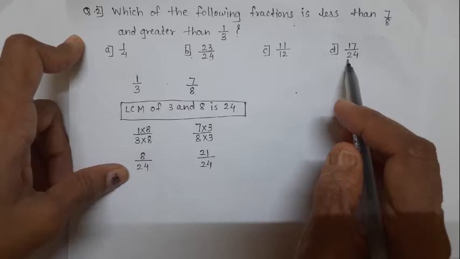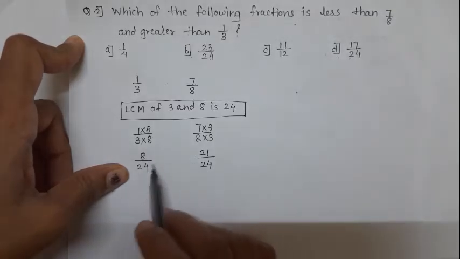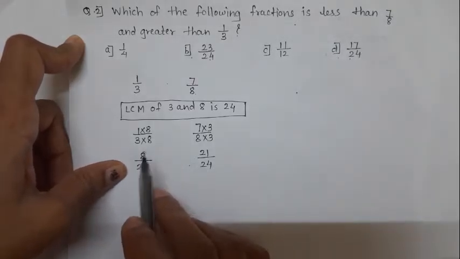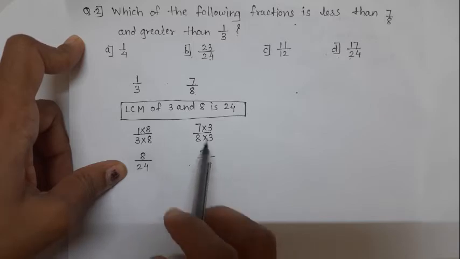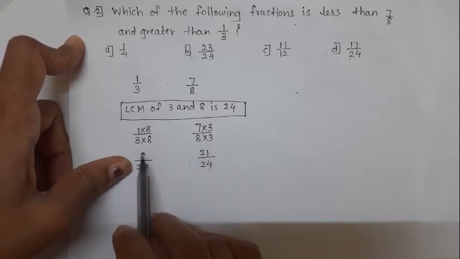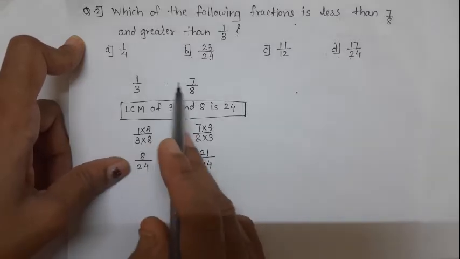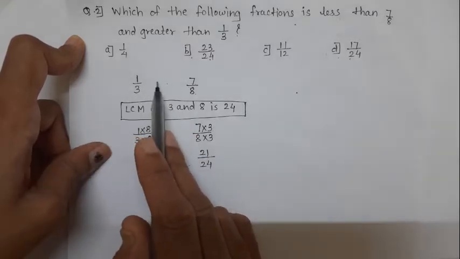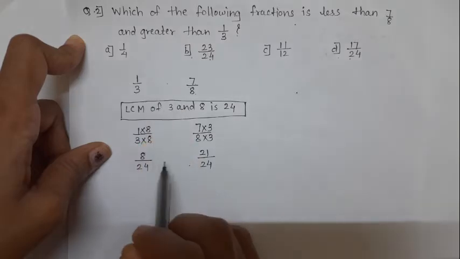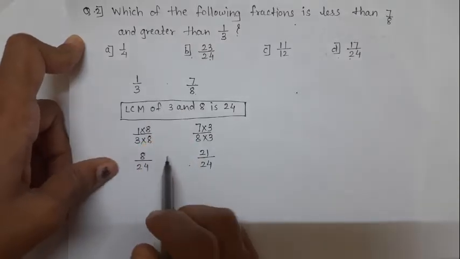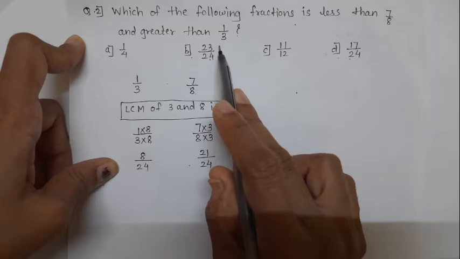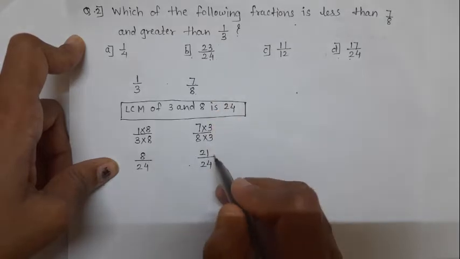Now what is asked, in between these numbers, it should be less than 7 upon 8 and greater than 1 upon 3, which means we have to find a number in between these. Now if you observe, 23 upon 24 will be greater than 21 upon 24.